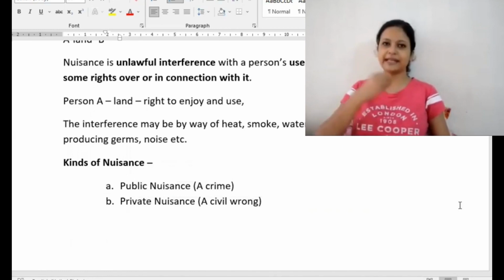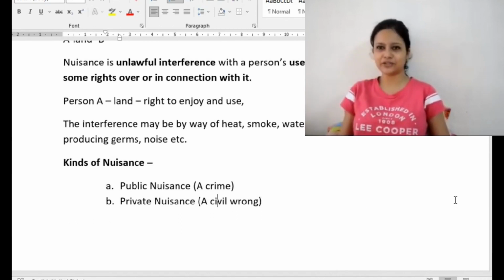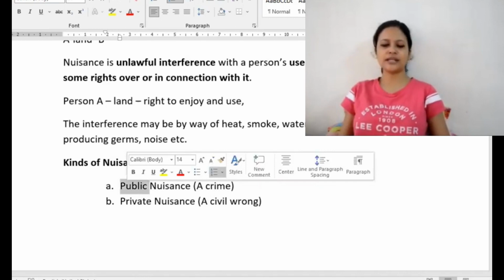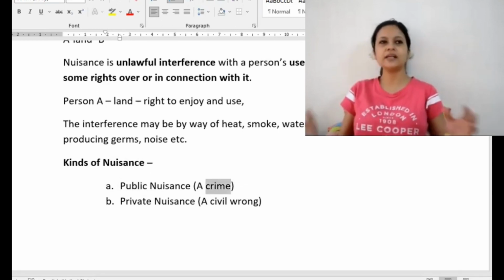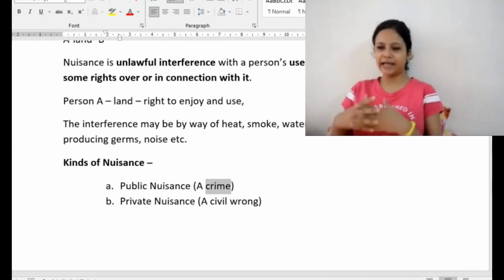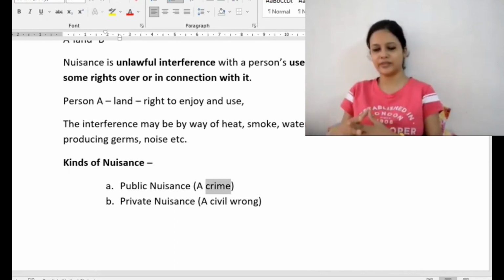It is affecting my rights or maybe my family's rights, but not the entire society. But there may be public nuisance also, which is considered a crime, where the rights of a larger number of people are being affected. That is nothing but public nuisance, and public nuisance is considered a crime.